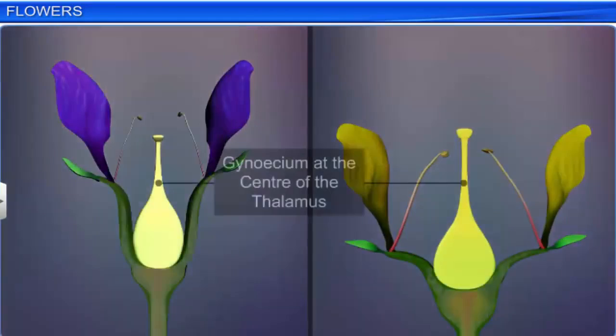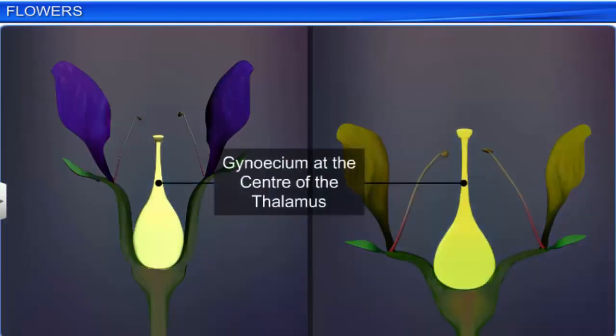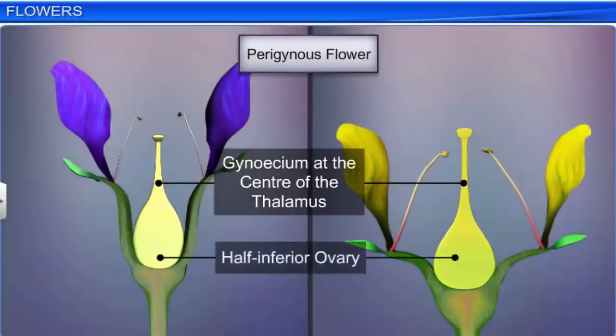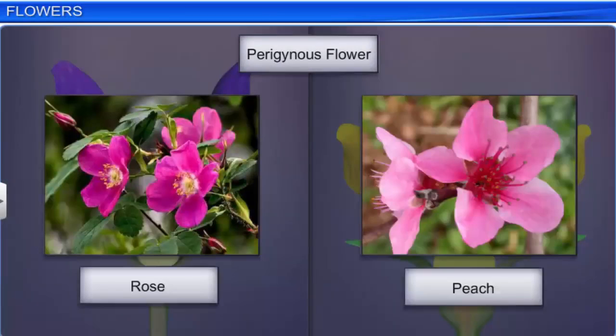When the gynoecium is at the center of the thalamus and all the other parts are on its rim, the flower is called a perigynous flower. The ovary in these flowers is said to be half inferior. Rose and peach are typical examples of perigynous flowers.